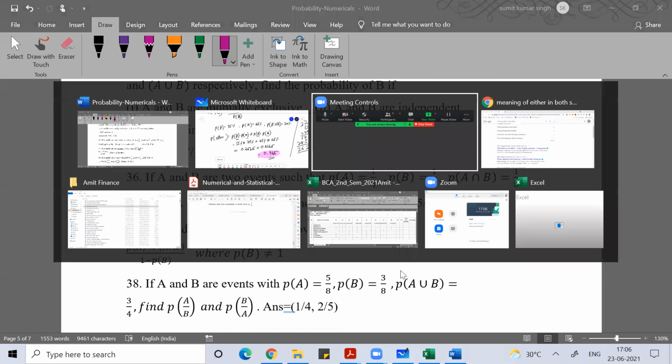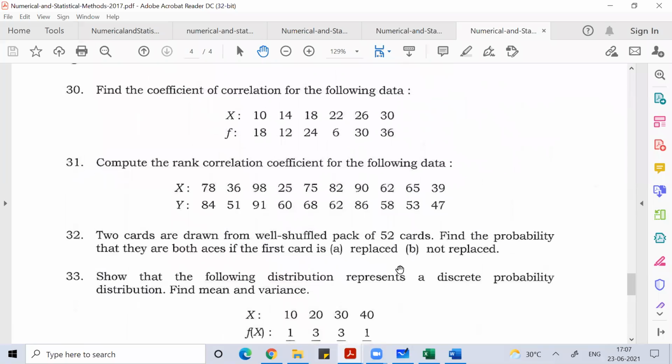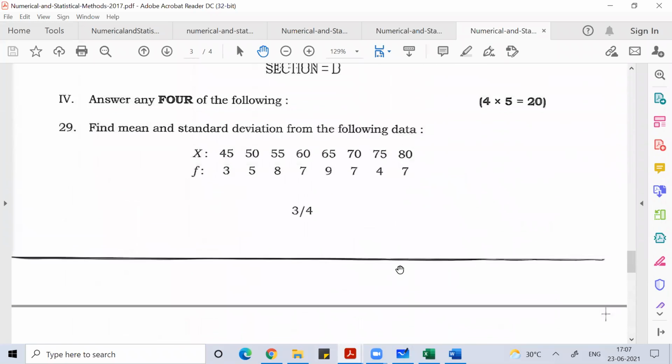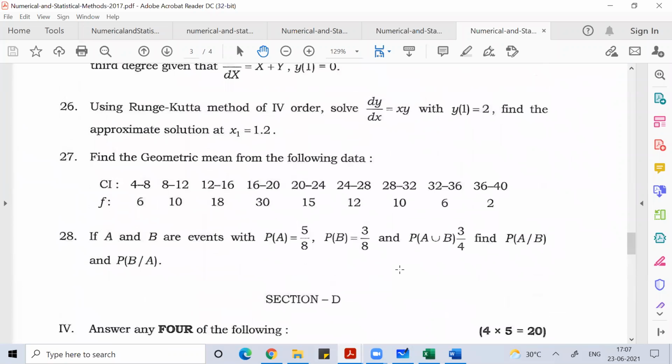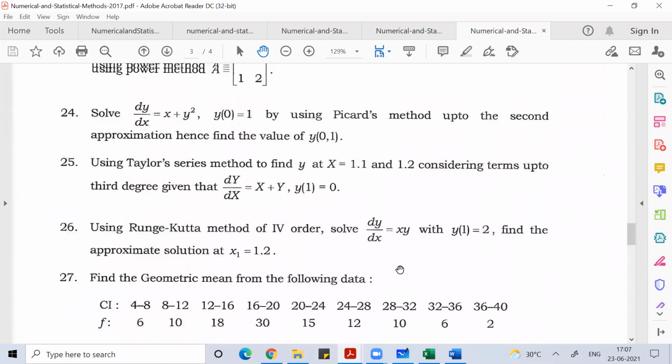Clear? Any doubt? Anyone, any doubt? This question we already did, right? We already did this question.